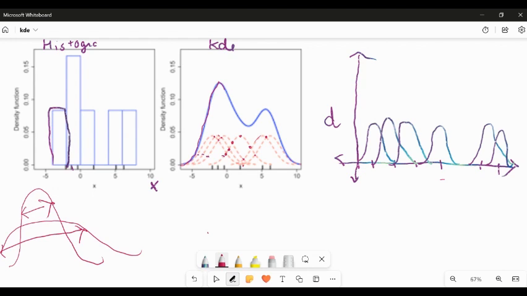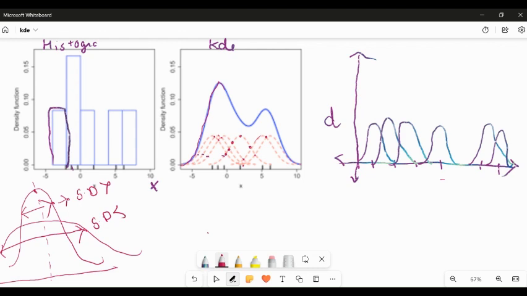For this the standard deviation will be different, and for this the standard deviation will be different. The mean might be the same, but the standard deviation for this plot and for this plot may differ. Like over here the standard deviation is quite low, and for this the standard deviation is quite high.